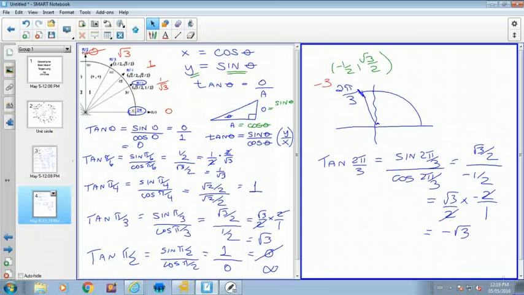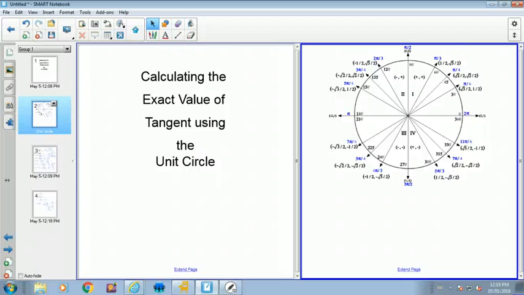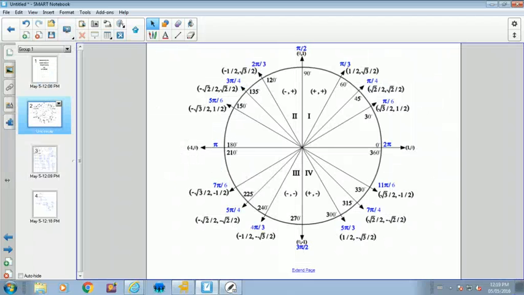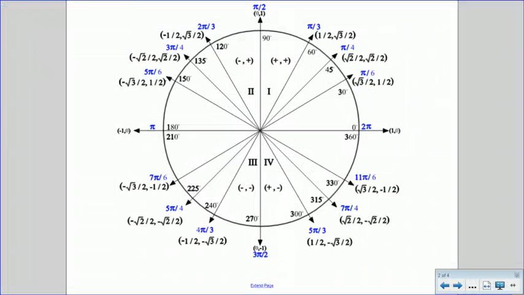So, back to our nice clean unit circle diagram. Just to recap again, this was 0, small, 1 over root 3, medium, 1, large, root 3, extra large, and infinity, infinite large. And 2 pi over 3, was that also root 3?